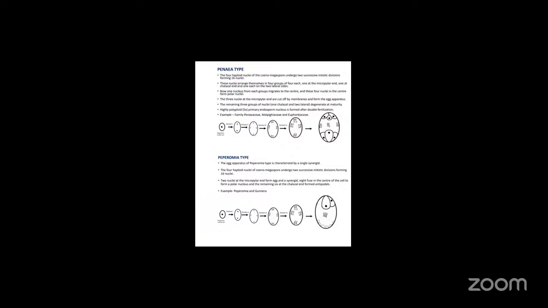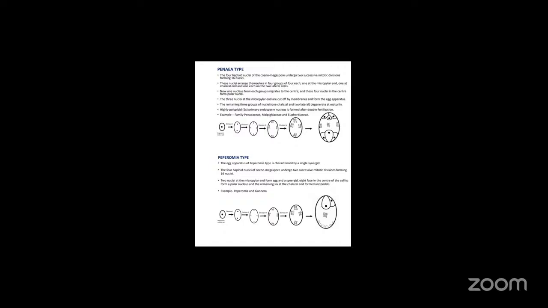The 16 nuclei are arranged crosswise, 3 nuclei in each, so there are 4 triads and polar nuclei.